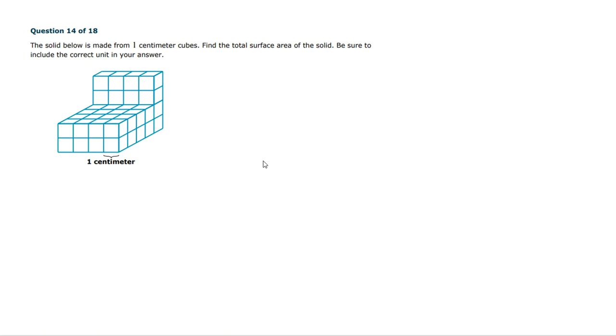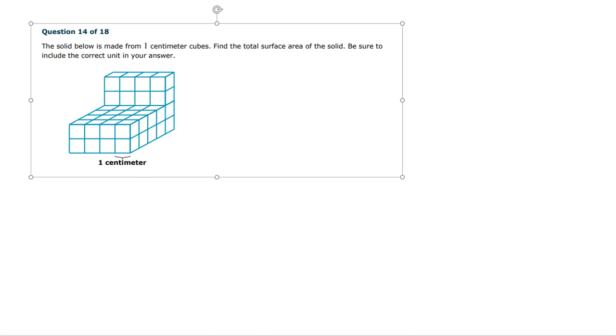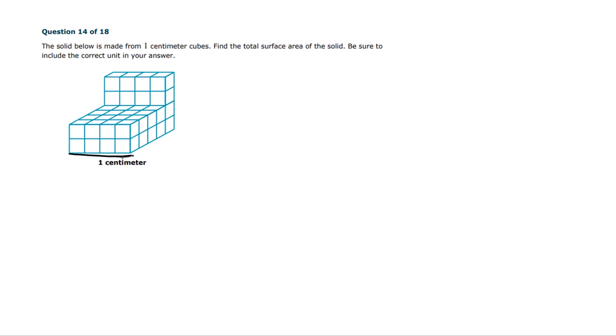Let's look at number 14. We can see that this is made up of a rectangular prism, and then another rectangular prism is stacked on top of that. And so we're going to find the surface area of, let's do the bottom one first, okay? So the surface area of this one, when we find the bottom here, this is a 4 by 1, 2, 3, 4, 5.